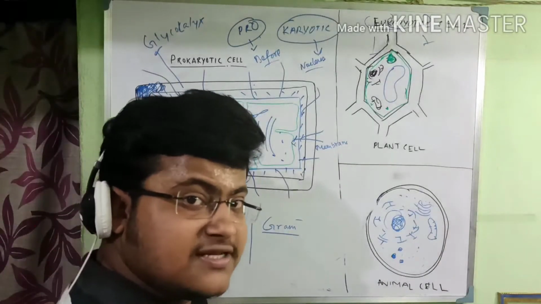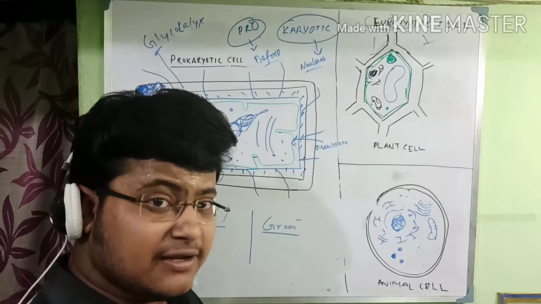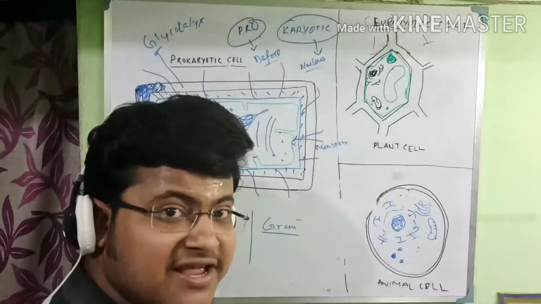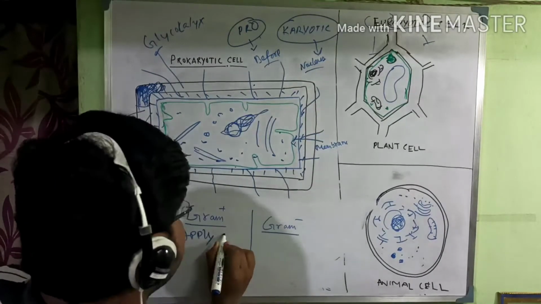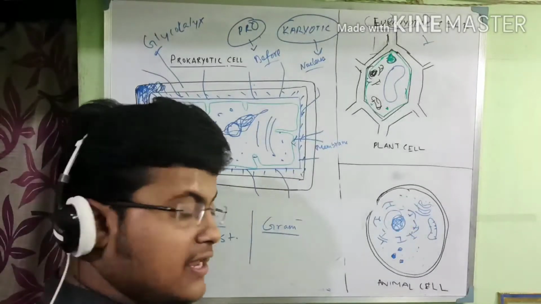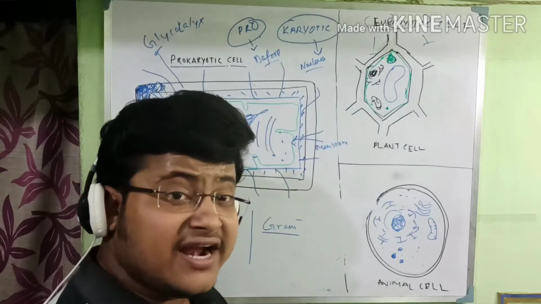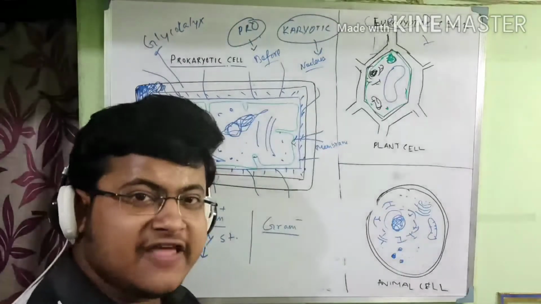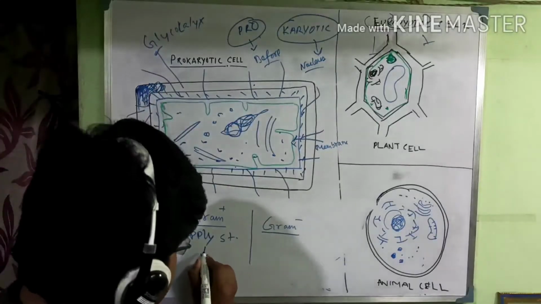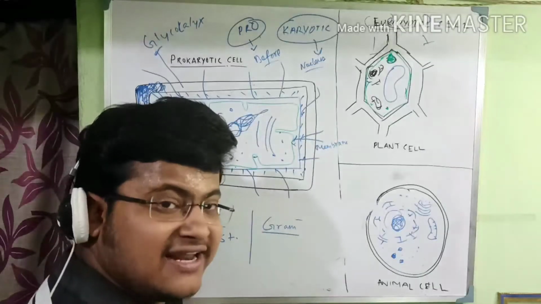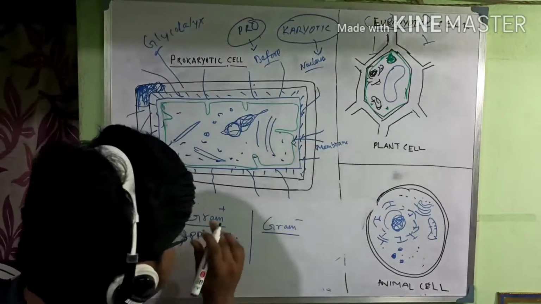Gram positive means if we apply a gram stain to a bacterium, and then remove the stain by the decolorization procedure, applying acetone to remove the gram stain, the bacterial cell wall retains the color and is known as gram positive.